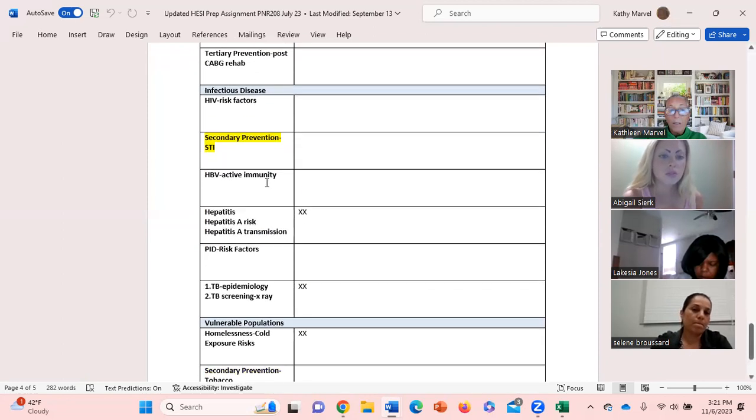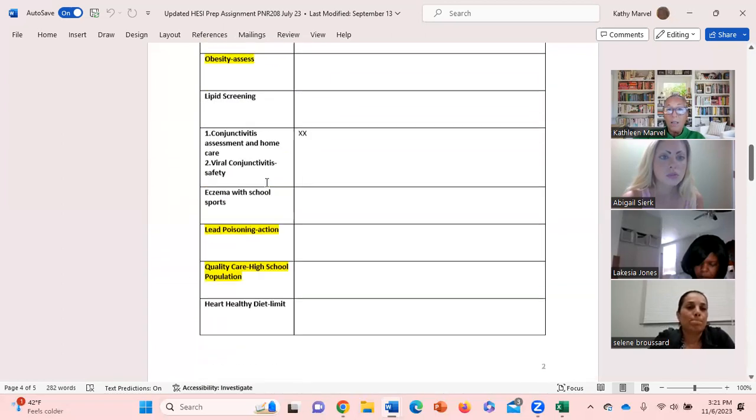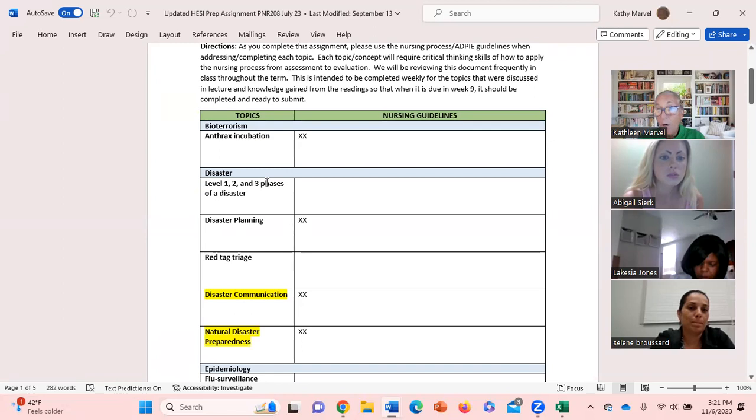So the reason why I'm asking you to start this is because there's many areas that you can fill out already. And if you pull up this blank document in week 8, it's going to be a very long and tedious assignment.